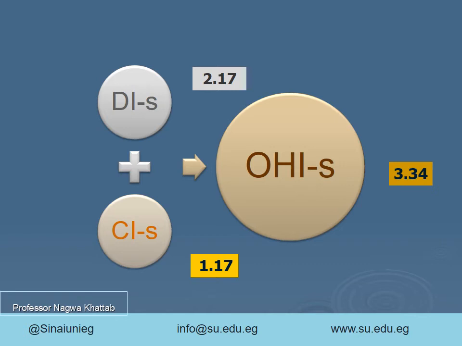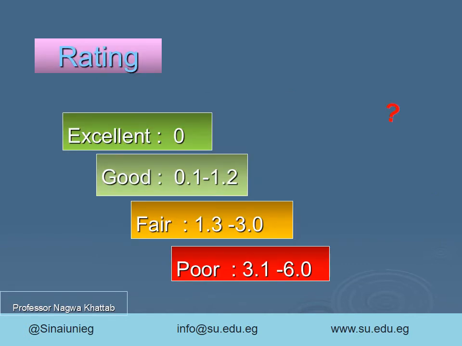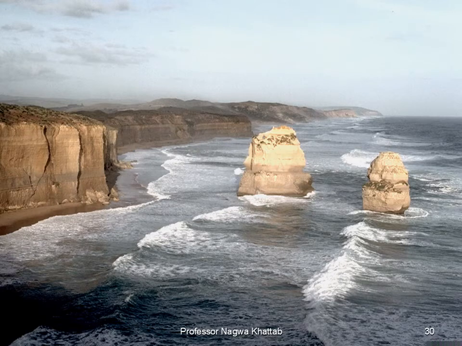The total is 3.34. Return to the rating scales. 3.34 means a poor oral hygiene condition. This patient has a poor oral hygiene condition.